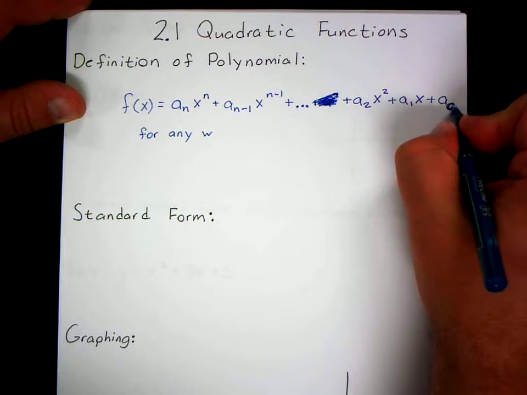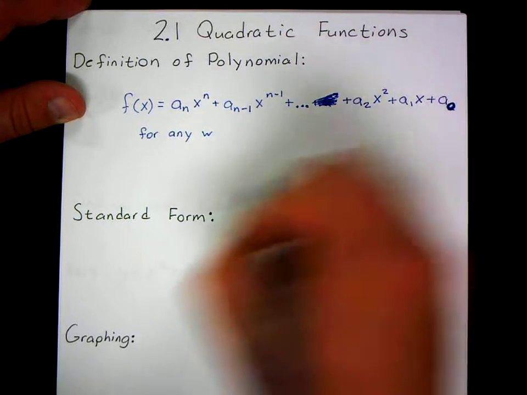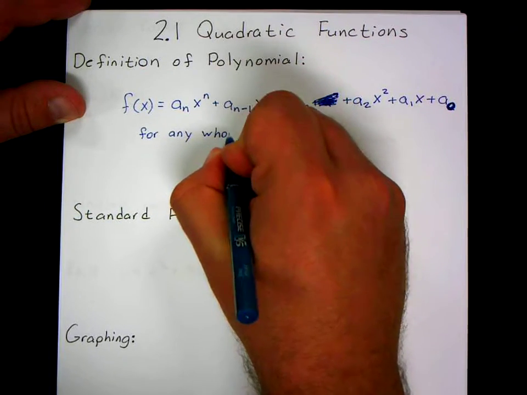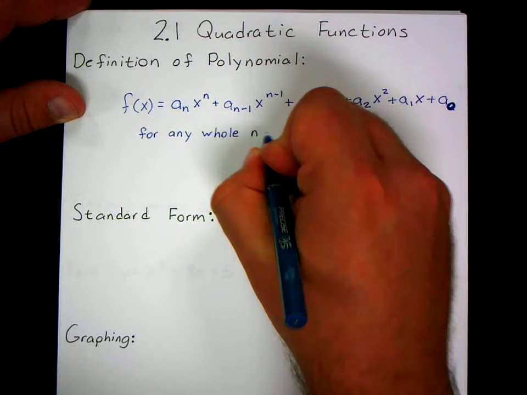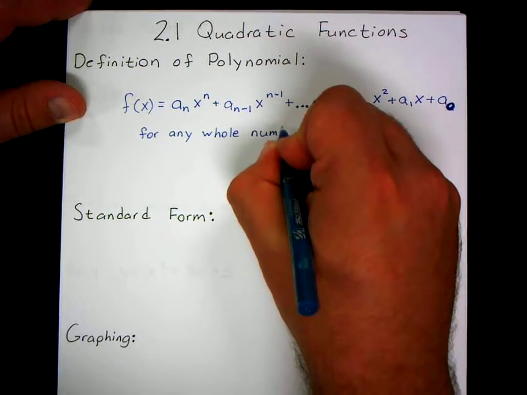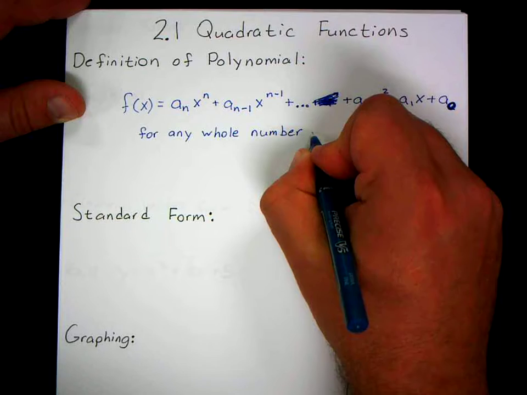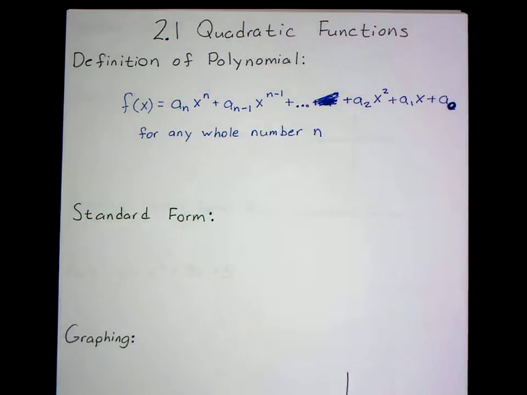A 0. So that's the general definition for a polynomial.